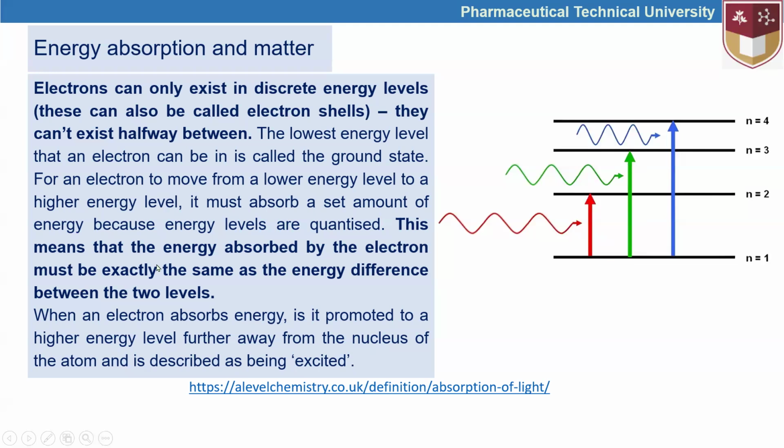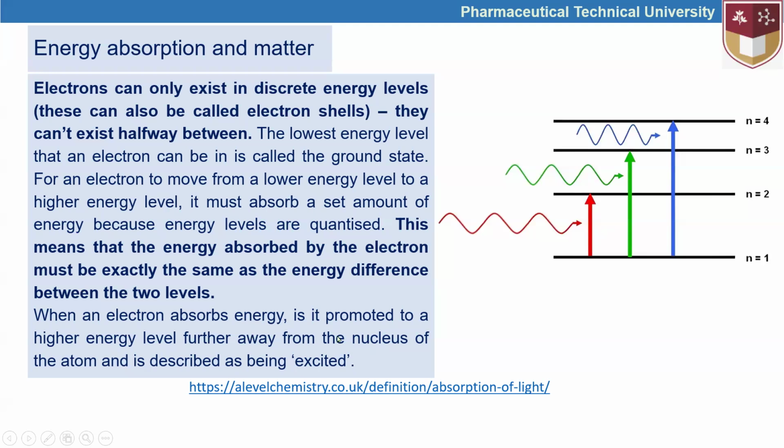This means that the energy absorbed by the electrons must be exactly the same as the energy difference between two levels. So that energy that's spent for the jump of electrons from the ground state to the excited states is always equal to the energy that is absorbed by the atom for the jump of those electrons.